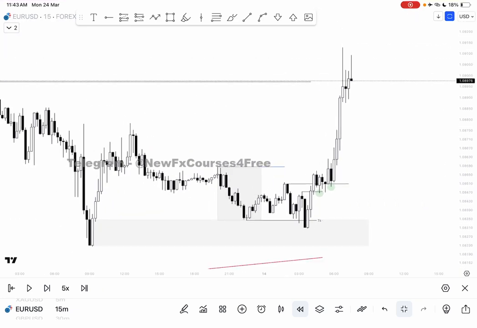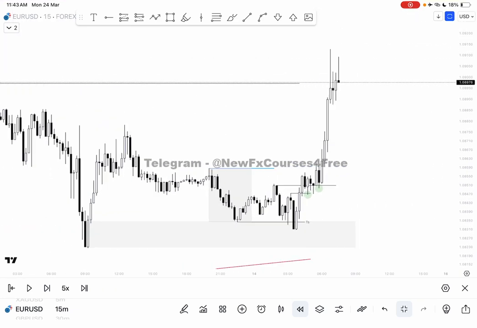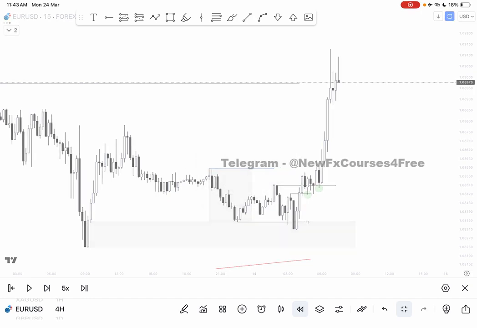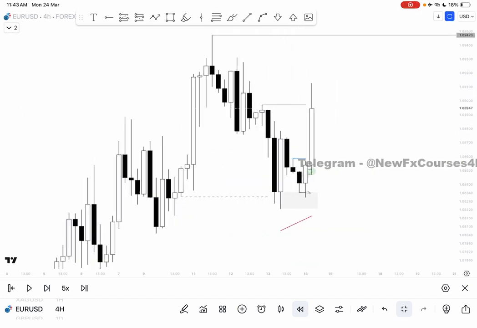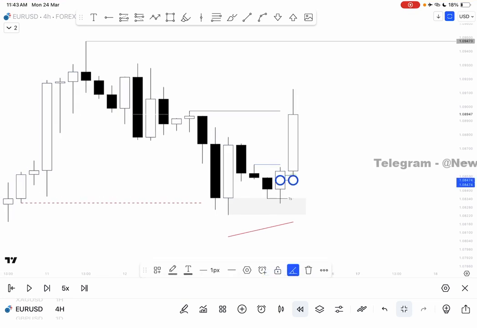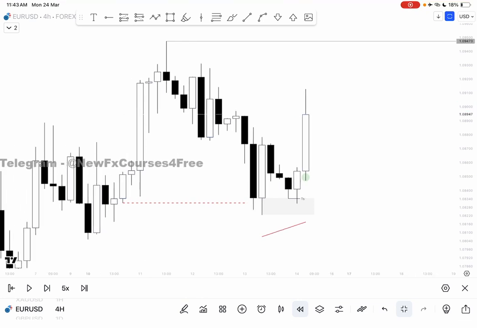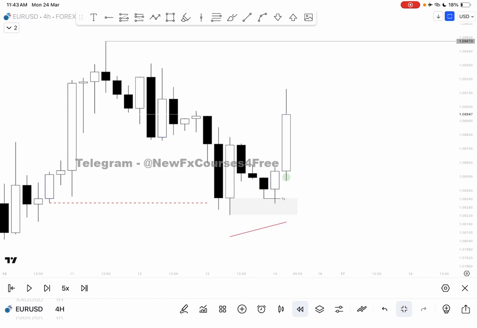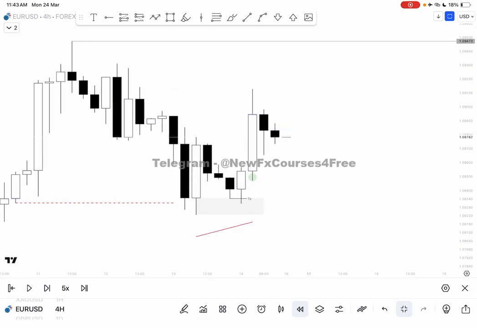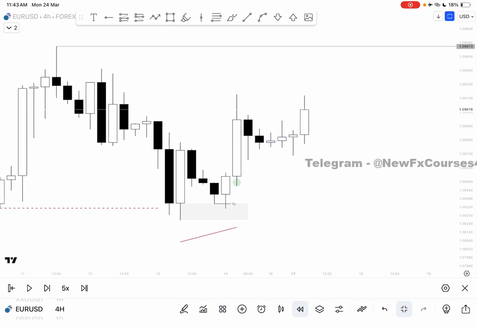So you can see how I am actually putting everything together. So my trade was actually the next day, which was Monday. So here, playing this out, we got a range here.